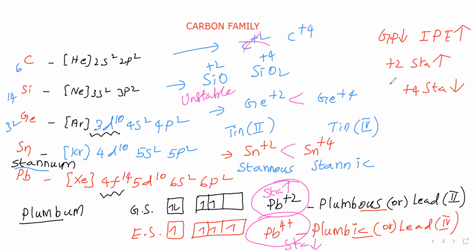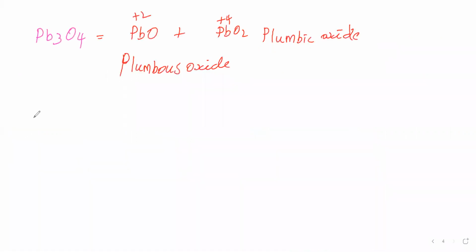Now regarding carbon, what oxidation states can carbon show? Carbon shows +4, there is no doubt. For that, the examples are carbon dioxide and carbon tetrachloride. In all these, carbon shows +4. Carbon is not showing +2, we said, but actually it is showing +2.